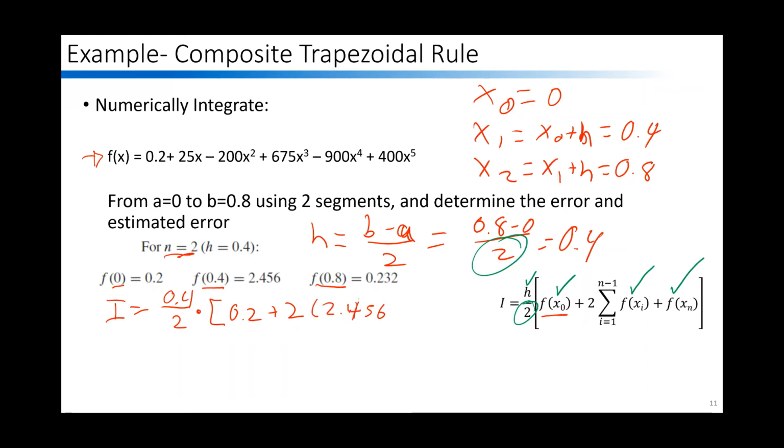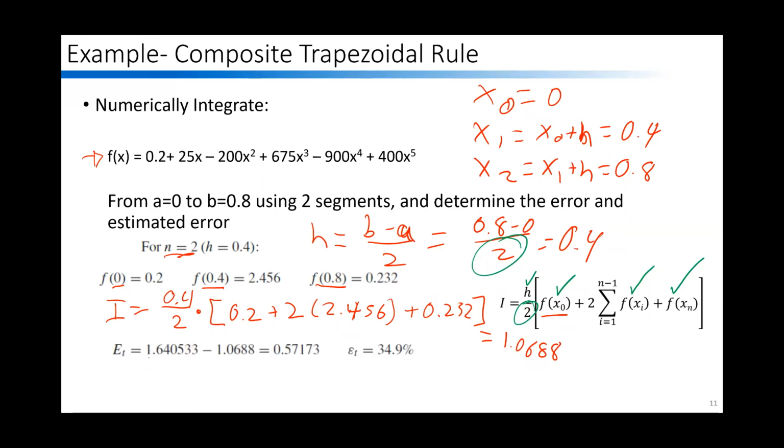I only have one middle point, so I don't have to worry about anything else, plus my end point, my f of xn, which is 0.232, and I'm good to go. If I do this all out, I didn't give myself much space, but this equals 1.0688.